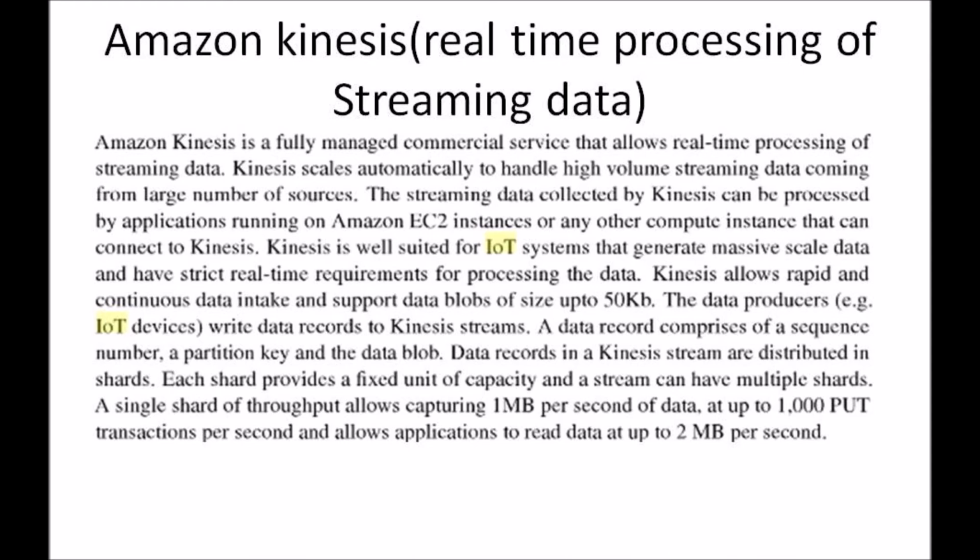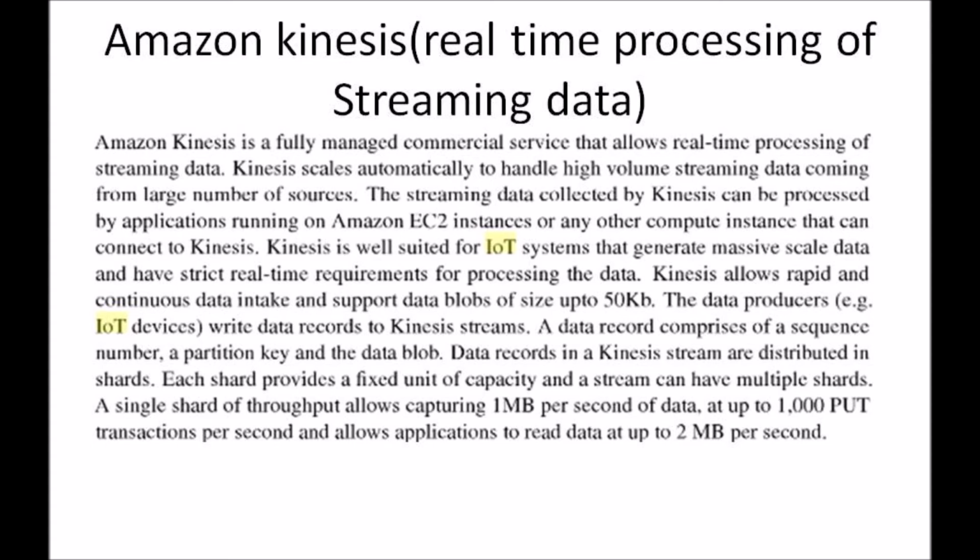If you need real-time processing of streaming data, then Amazon Kinesis will be the right choice. It also helps with automatic scaling, and the data can be processed by other compute instances like Amazon EC2 connected to Kinesis. It is well suited for IoT systems that generate massive scale data and have strict time deadlines in processing it. Kinesis also allows rapid and continuous data intake, and it supports data blobs of size up to 50 KB.